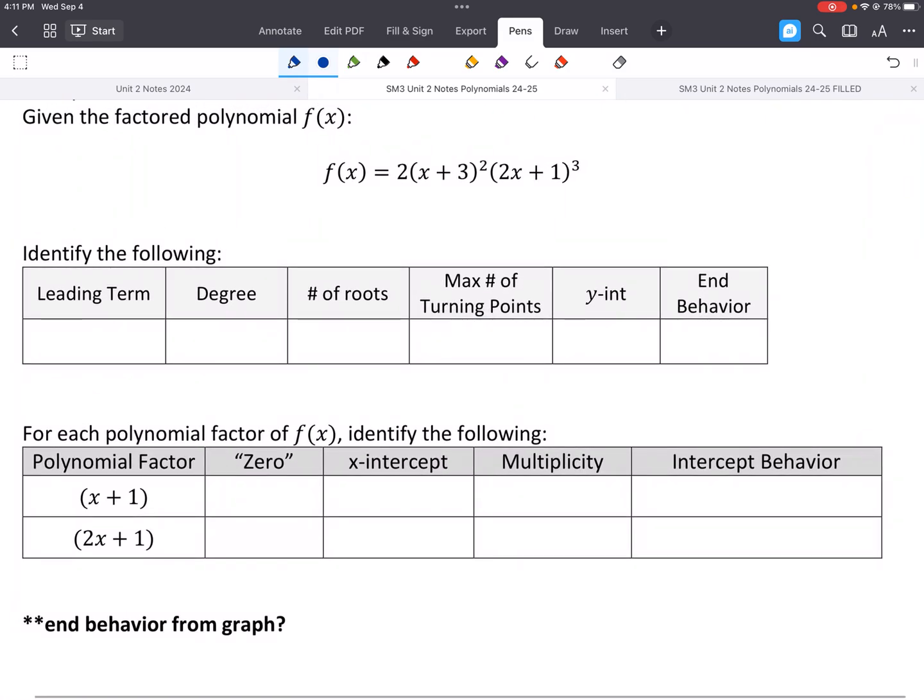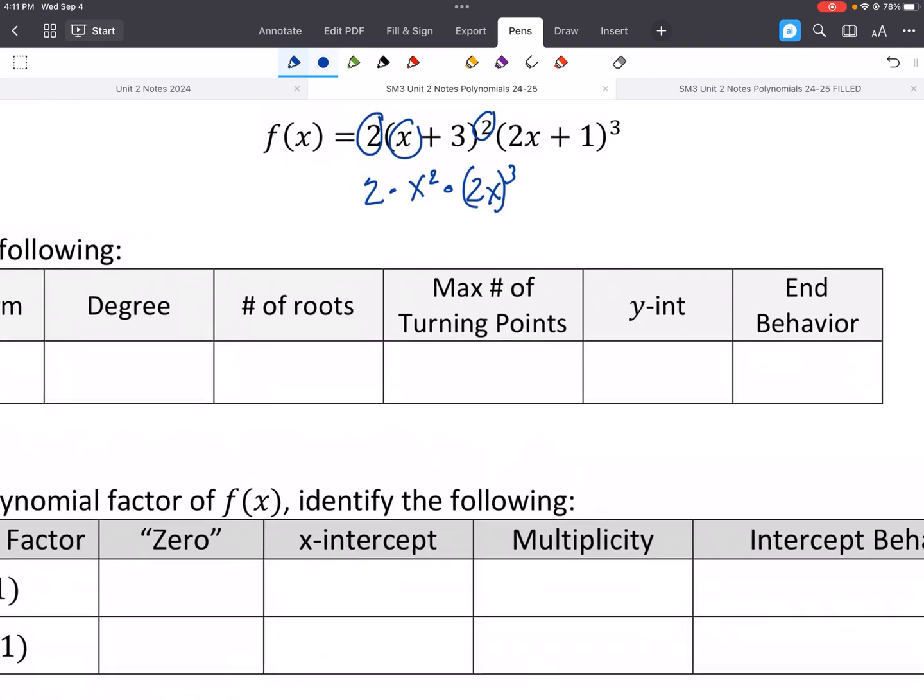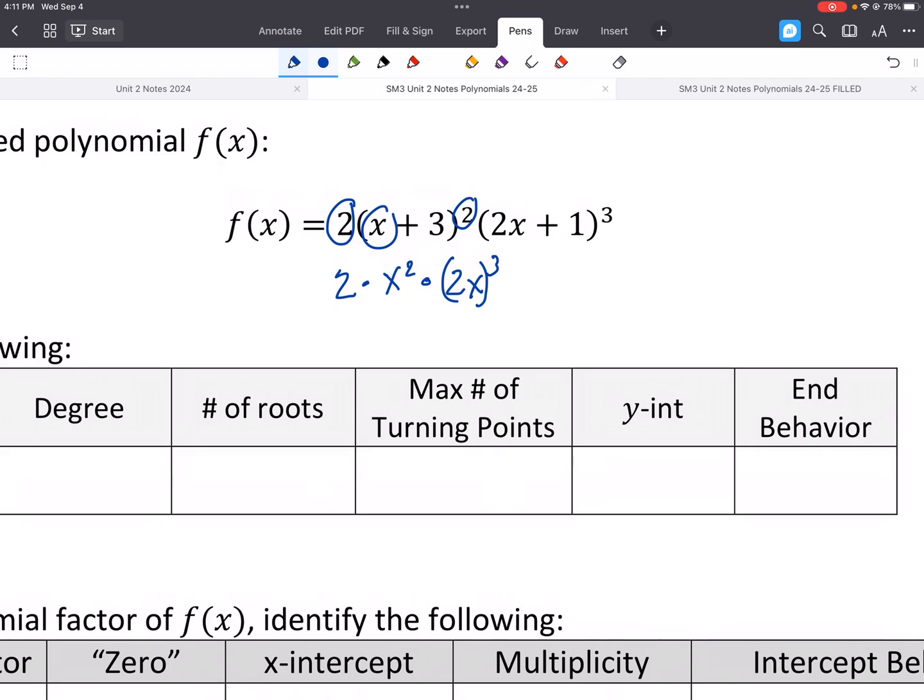Okay, so this one we want to find the leading term. Again, we'd have 2 for this times x squared, and then times 2x to the third. Now don't forget to put a parenthesis around that, otherwise you might not cube the 2. So this will end up giving us 8x to the third.